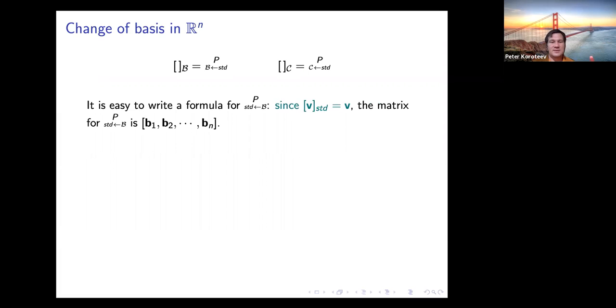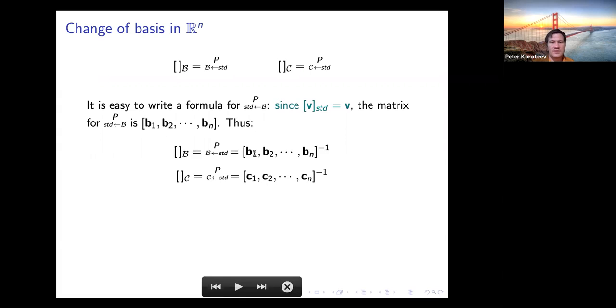And the matrix of this change of basis transformation is simply formed by the column vectors, which are nothing but b1 through bn. So therefore, the change of basis from standard to B will be the inverse of this matrix, right?